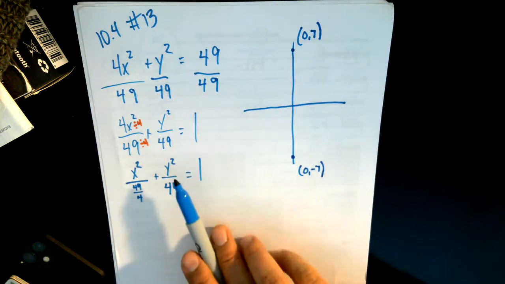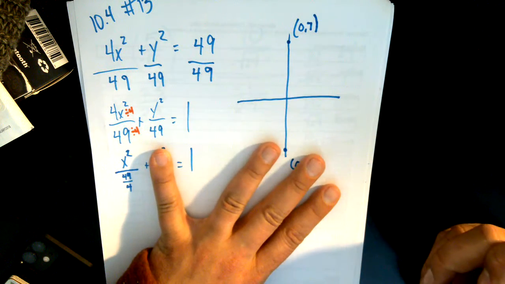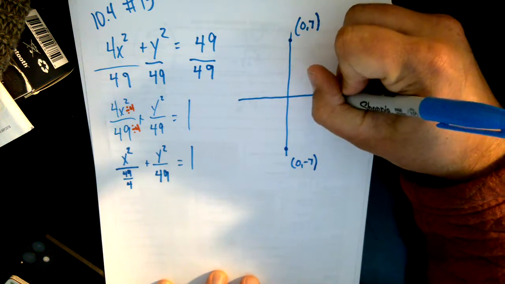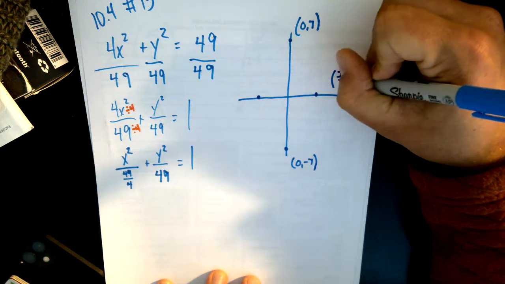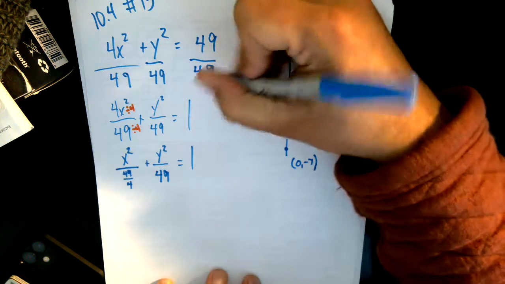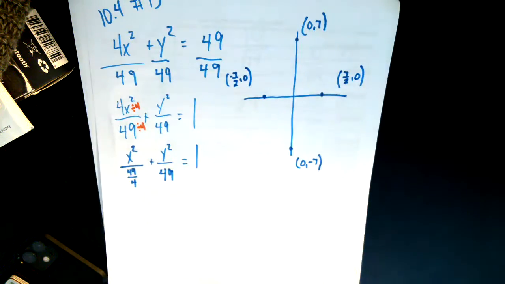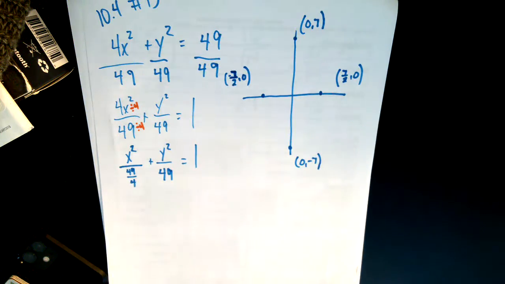Now, if I put in a 0 for y, then I have to put in a 7 halves or a negative 7 halves for x. So that's a tricky part of this question.